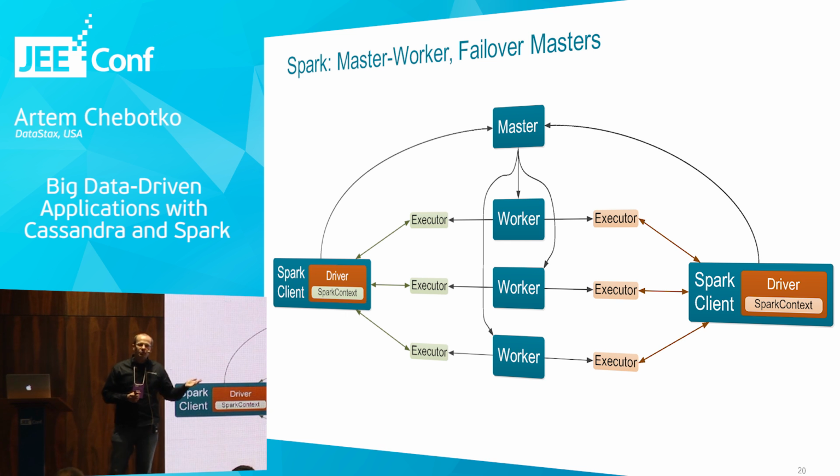The master is usually lightweight, and the Spark client contacts the master just to allocate the resources. Then the master talks to workers to allocate those resources in terms of executors, and the executors will work directly with the driver with Spark context, which will schedule the jobs and tasks on those executors.